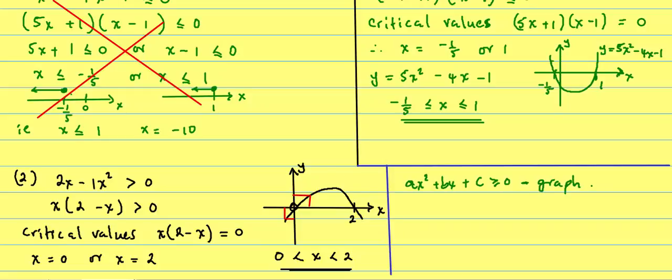So the graph must be above your x-axis. The second scenario that we have seen is that if you want to solve ax squared plus bx plus c and you want it to be less than or equal to 0, then your graph must be below the x-axis.